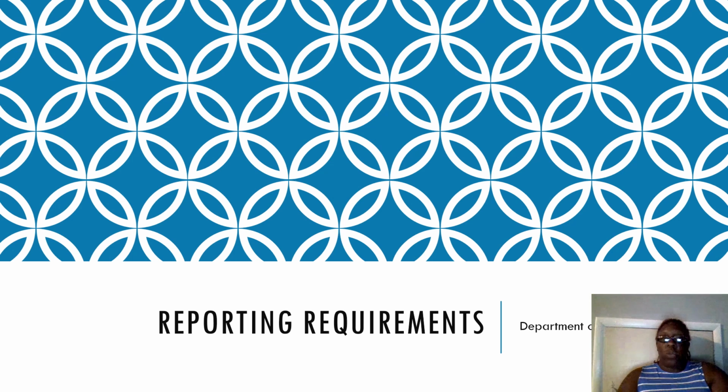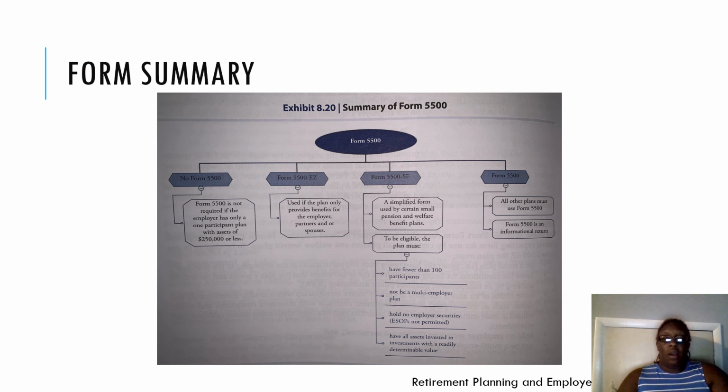There is required reporting to the Department of Labor and certain forms that need to be filled out depending on the situation. On this page, I have provided a summary of forms for you, and it breaks down the form number and why it needs to be filled out.